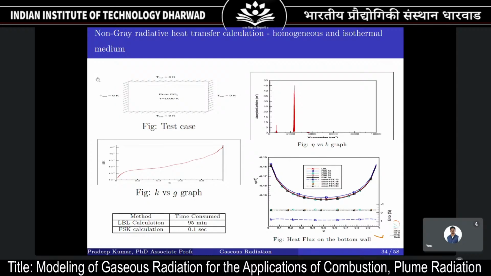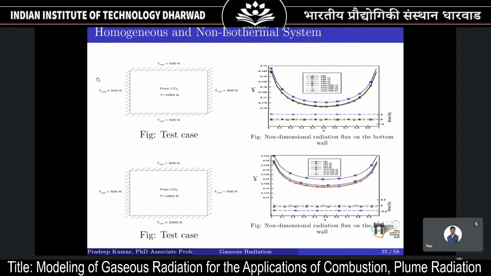And we start making the case more complex, reaching towards a more critical situation. Now the wall is also emitting, at a different temperature, and the accuracy keeps coming out almost the same with the reduced cost.